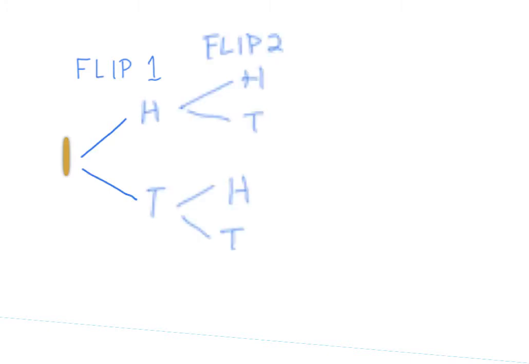If we first flipped a tail, then we could flip it again and still get either a heads or a tails. And if we flip it a third time, there are still only two possible outcomes.